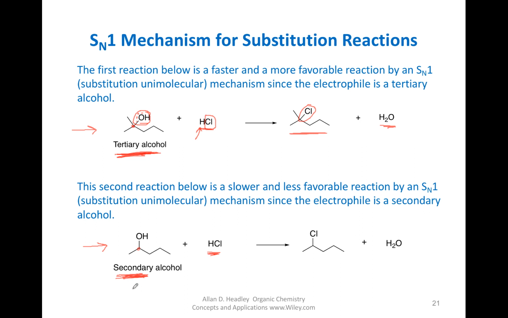As you can imagine, a primary alcohol is even a very much slower reaction because it forms a primary carbocation. As you'll see in the book, this is used to test for the type alcohols that are present. It's called the Lucas test. So if you mix a tertiary alcohol with HCl, it's a very fast reaction. And if you mix a secondary alcohol, it's not as fast.